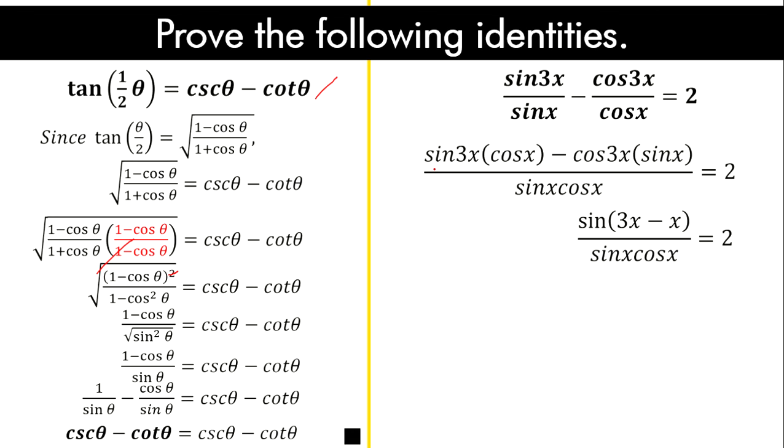So here we can simplify the numerator as sine of 3x minus x. If we expand this using the difference identity, we have sine cosine minus cosine sine. So we have here sine of 3x minus x, which is sine 2x.